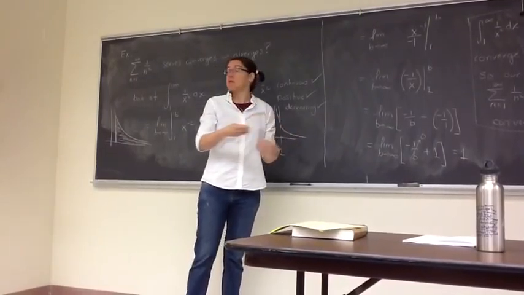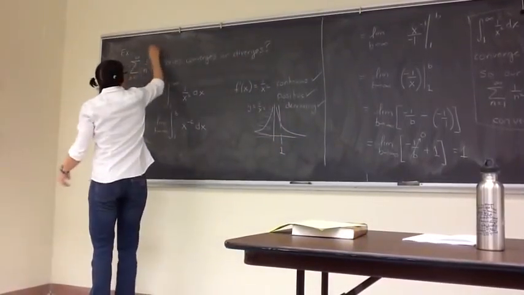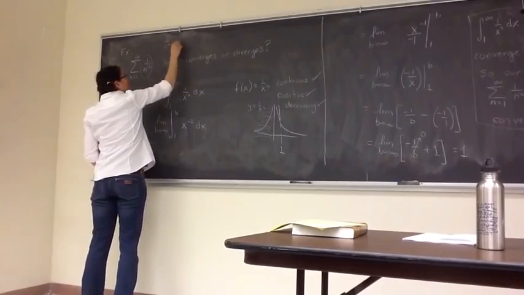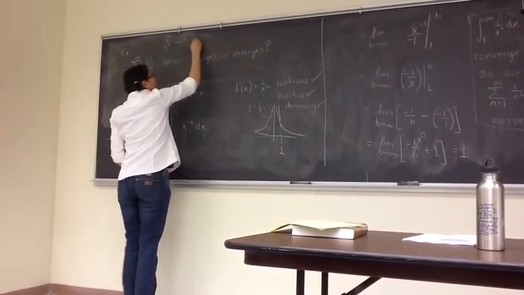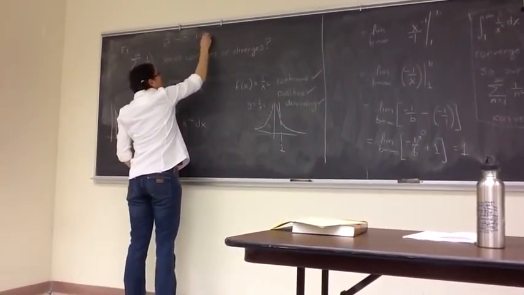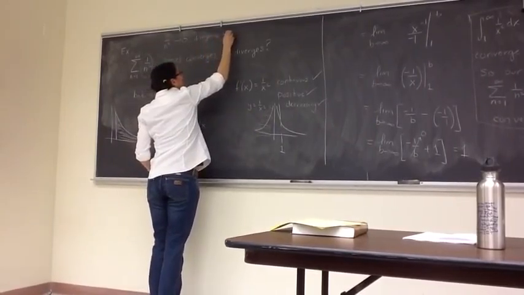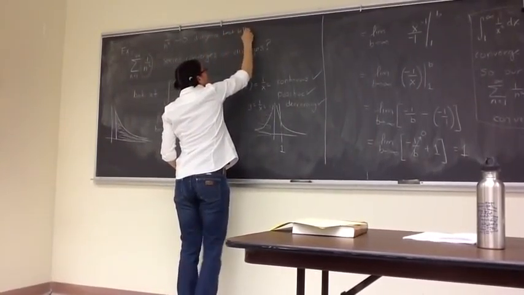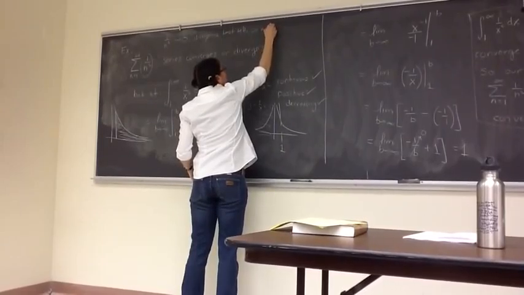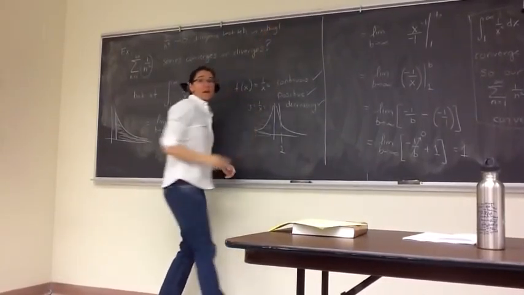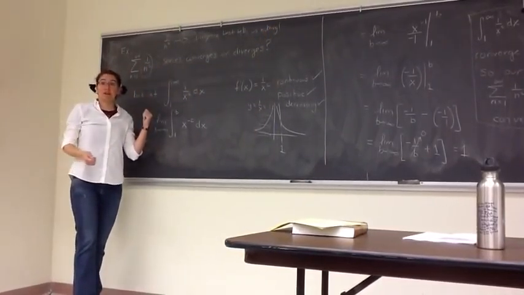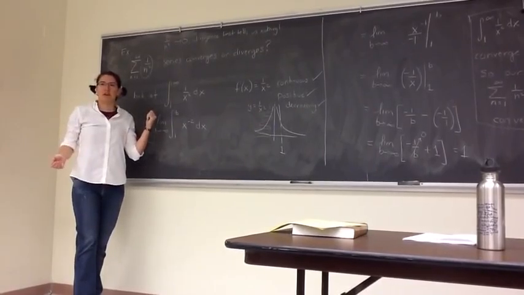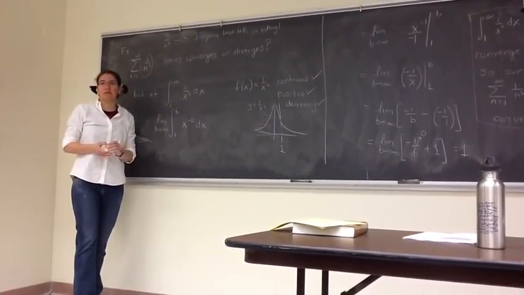Because our terms, 1 over n squared, are going to 0, the divergence test tells us nothing. And so I have to throw the divergence test out the window, and I go on to a new test, which in this case is the integral test.